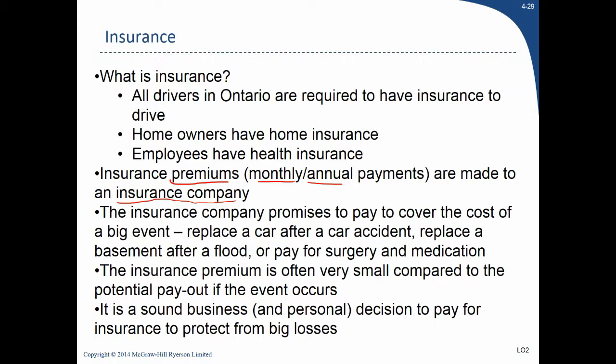Here's the problem. If you were an individual, let's say there was no insurance company, and you were worried about the fact that your home might catch fire or that you won't be able to afford serious medical bills in the future. You could save as much money as you possibly could, but you still wouldn't be able to cover the cost of a catastrophic event.